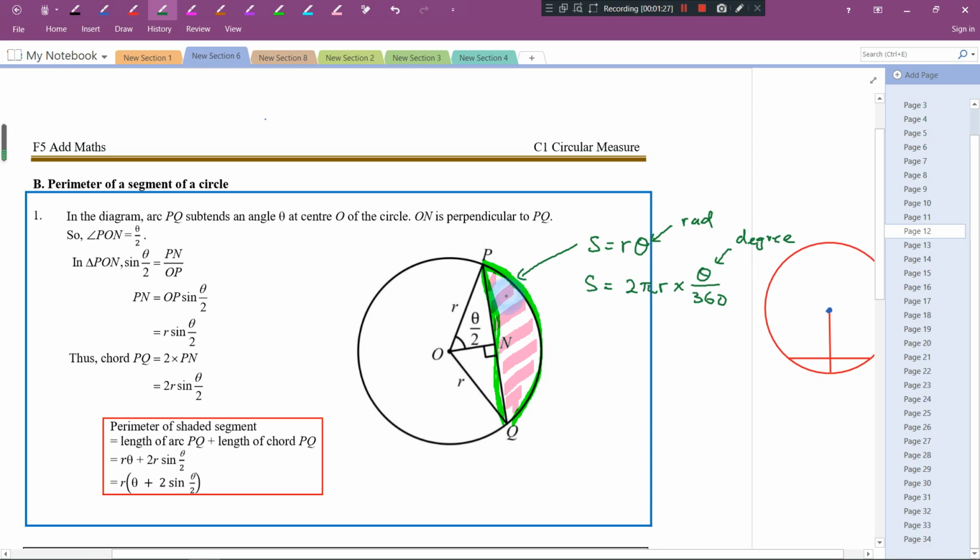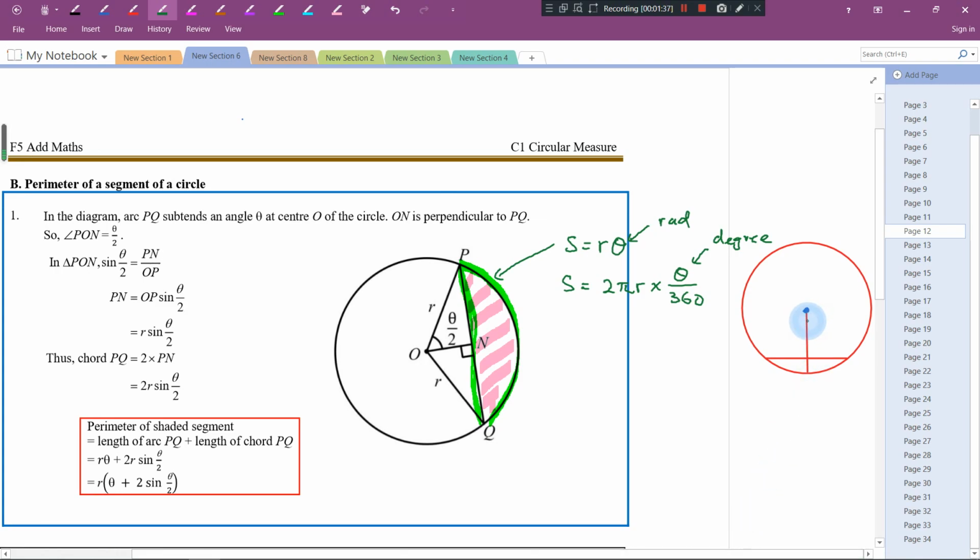Now, how about the chord length PQ here? Before I show you how to get the chord length PQ, let me explain this one. You learned this before, I hope you remember. If you have a circle and the radius cuts the chord and forms a right angle, let me give some letters.